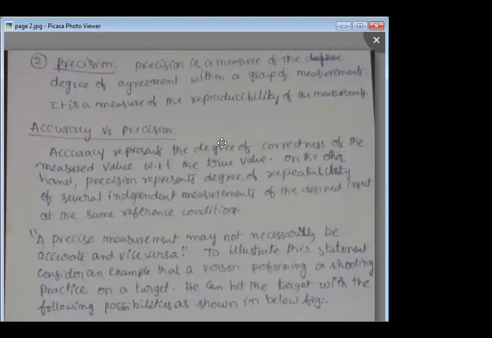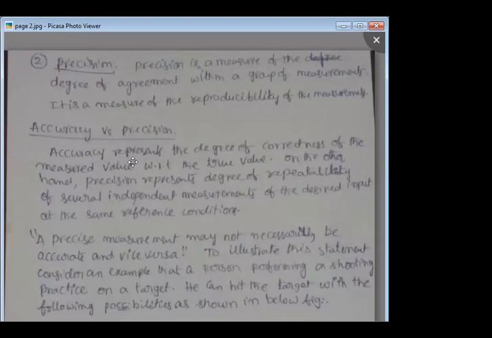If you measure the same voltage again and the instrument produces the same value, 50, and again after some time you get 50 volts, then you can say that the instrument has high precision, because every time it shows the same value.